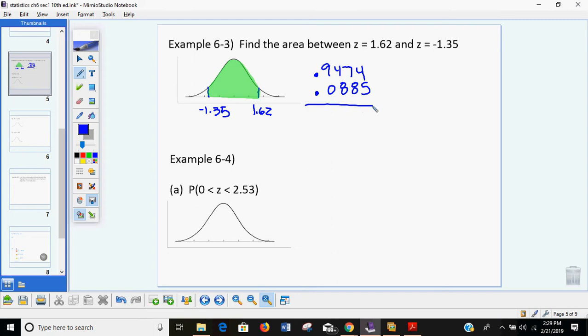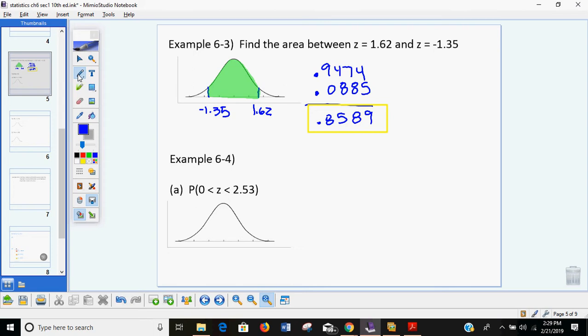So we're going to have 0.9474 minus 0.0885. When you subtract that, you get 0.8589. So what that tells me is that 85.89% of my population lie between those two numbers.